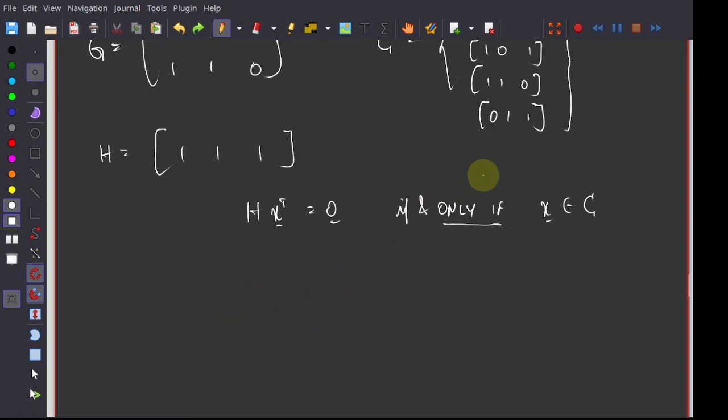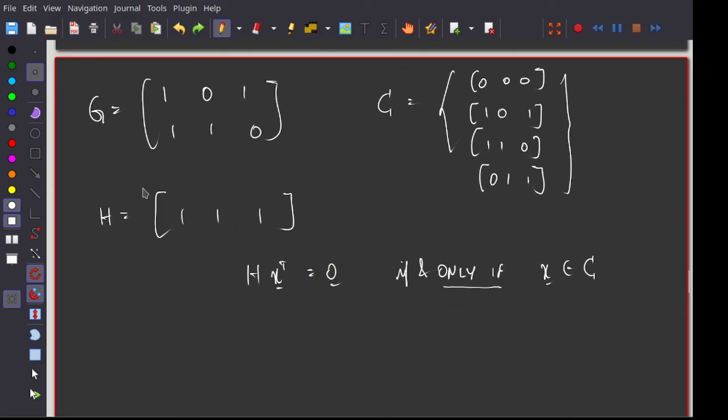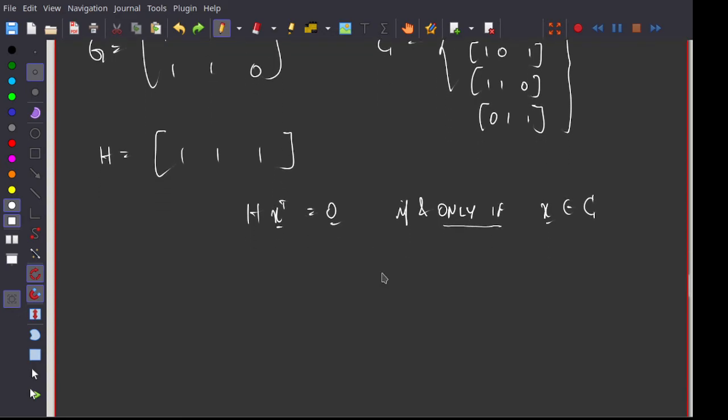Any sequence other than a valid code word is not going to give you zero. But as long as the dimensions are satisfied, you should be fine. So if H is a full rank n minus k by n matrix, such that H x equals 0 for all code words, then that is sufficient. Because the right null space has dimension equal to k.